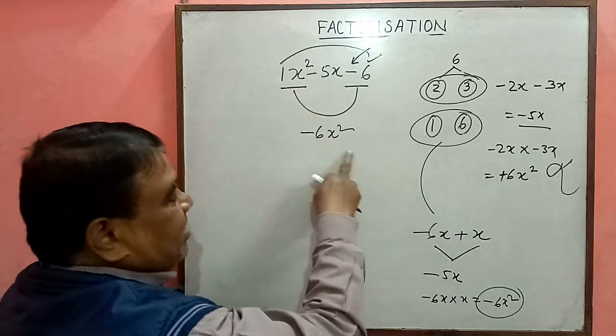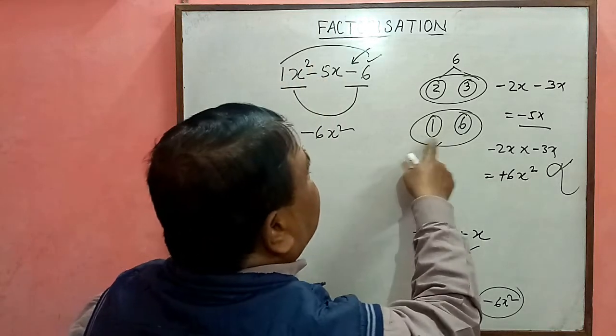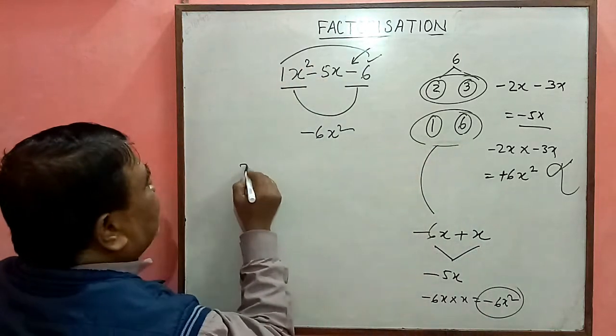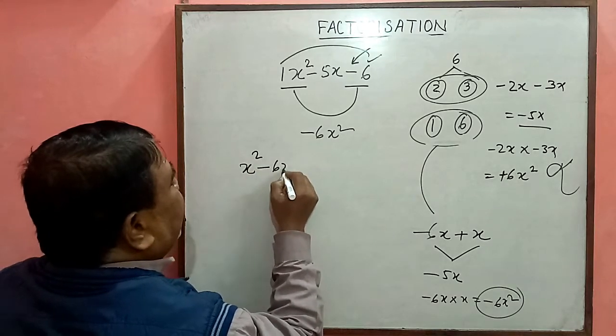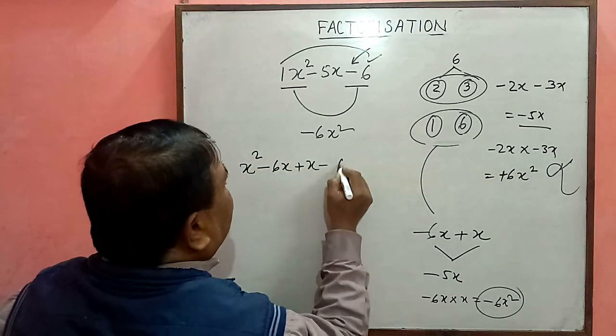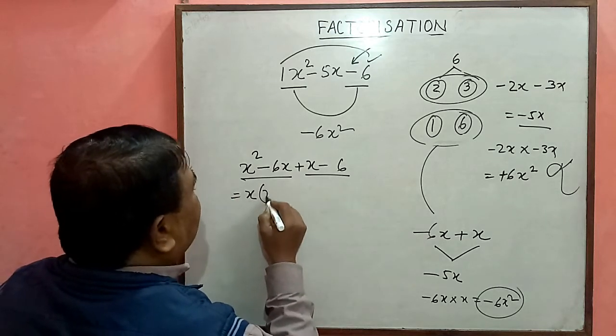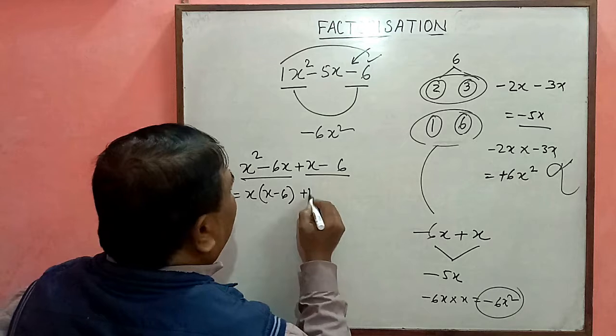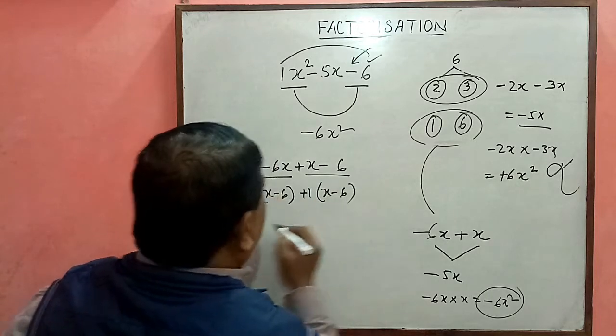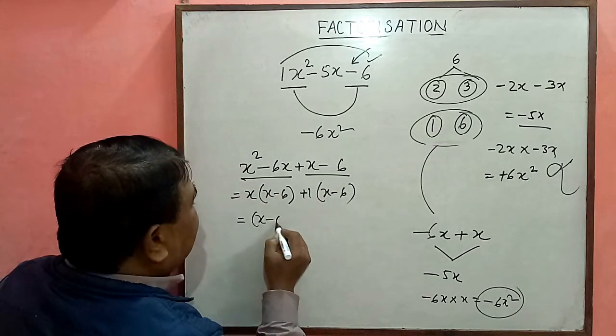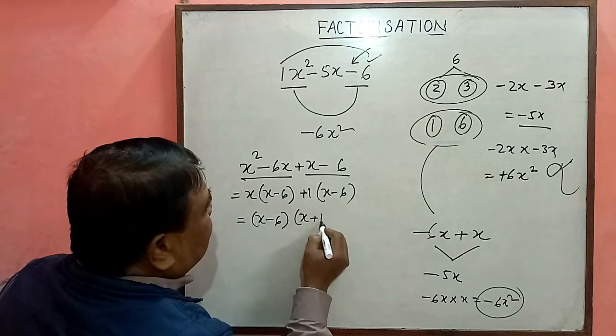So we will go with these two. x square minus 6x plus x minus 6. Take x out, x minus 6 plus 1, x minus 6. So this is your x minus 6 into x plus 1.